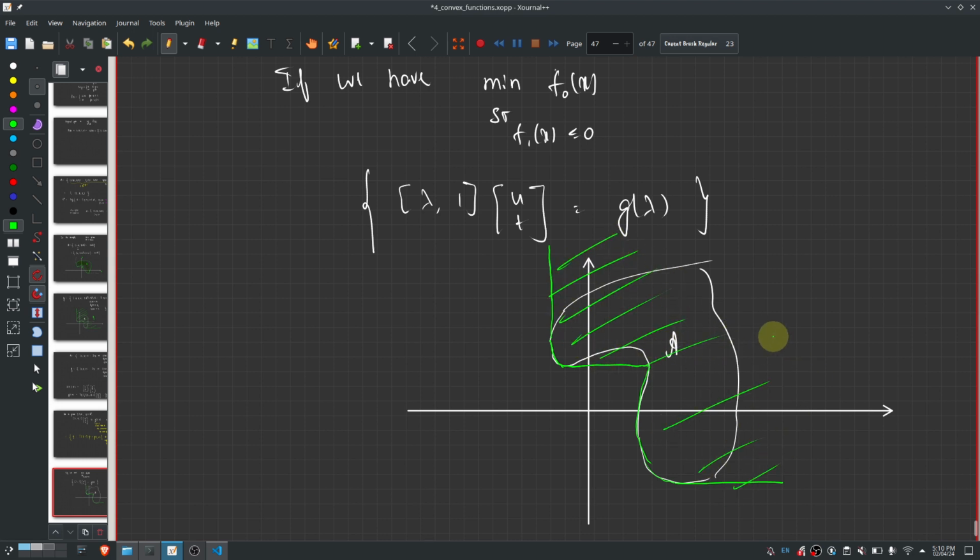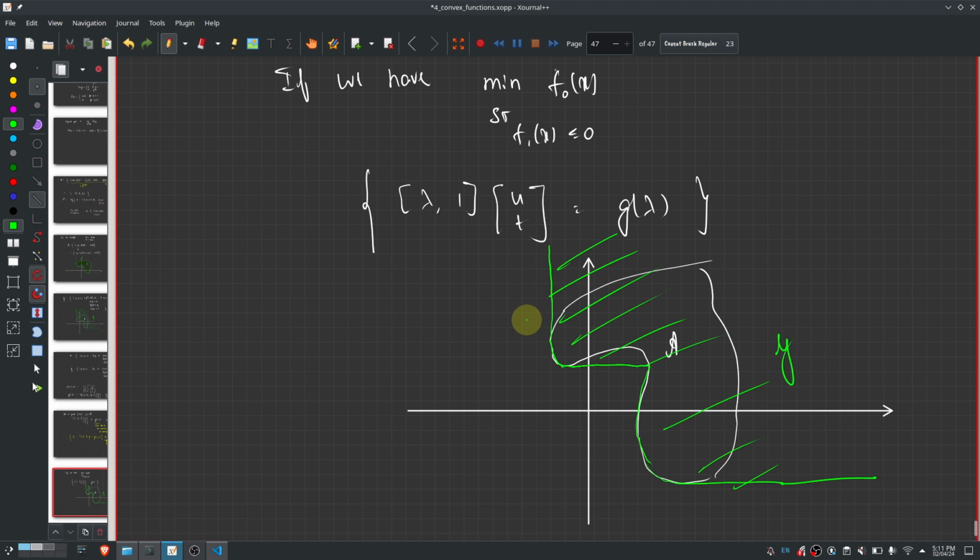This is your G. Okay. What is the supporting hyperplane? Again, remember that this extends all the way up to infinity. Right? What would a supporting hyperplane look like?